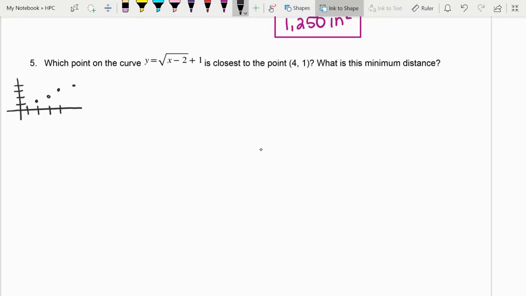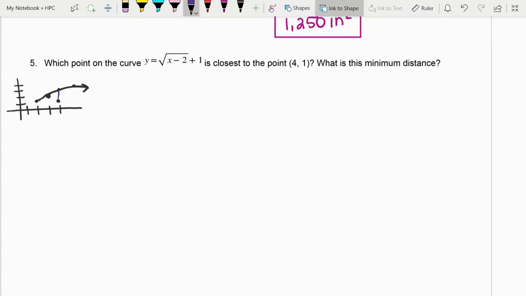Again, this is just a sketch. It's going to look something like this. Okay, and then I have my point (4, 1). So I'm going to be looking for the closest point, so probably something right around here to that point (4, 1).